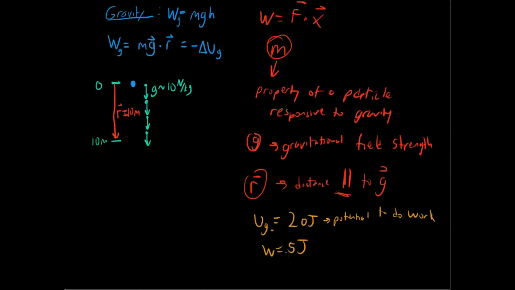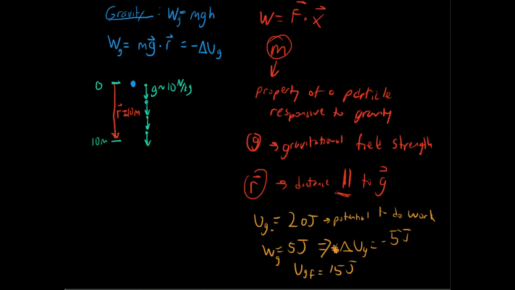So if gravity then does 5 joules of work, that means that the gravitational potential energy has changed by 5, which means that the new gravitational potential energy will be 15 joules. So we initially had 20 joules of work that could be done by gravity. Gravity actually did 5 of those joules of work, and so we're left with just 15 joules of potential energy.